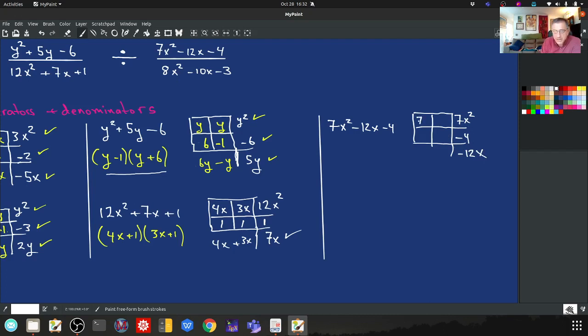So the nice thing about 7x squared is 7 is prime. So it's going to be 7x and x. So there's some choices with 4. I could do minus 2 and 2. Well, let's just do that. Minus 2 and 2. So 7x times minus 2 is minus 14x. And x times 2 is plus 2x.